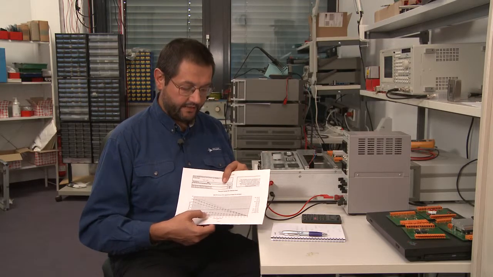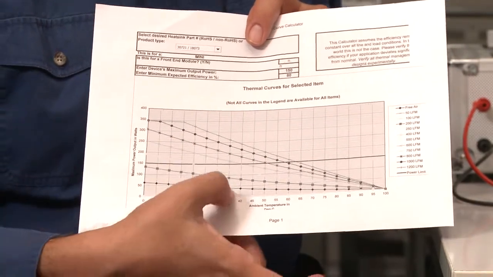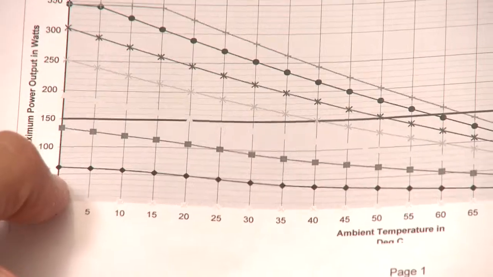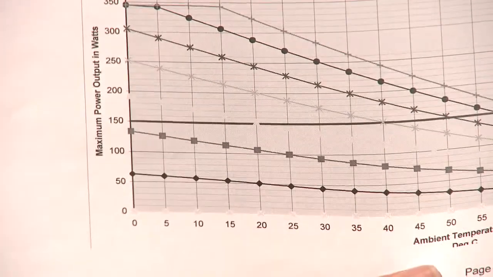So if we take the 35 degrees C ambient point, we see that in this case the specified maximum output power is nearly 50 watt, which is exactly what we had in this configuration, which is 49.44 watt.